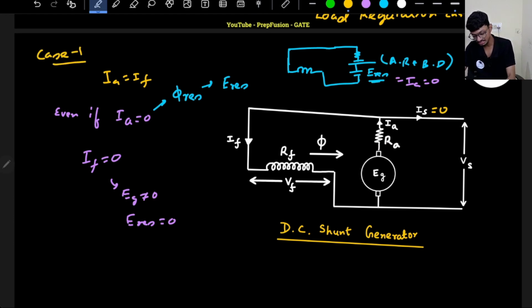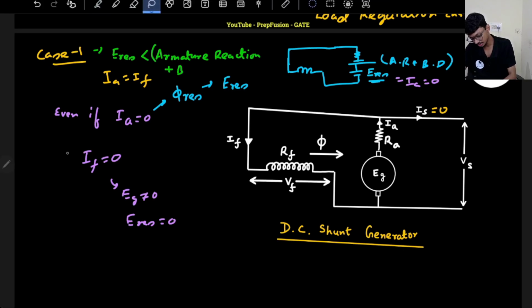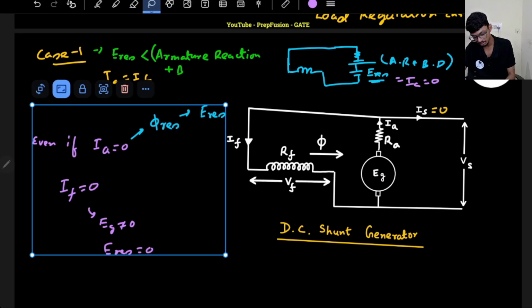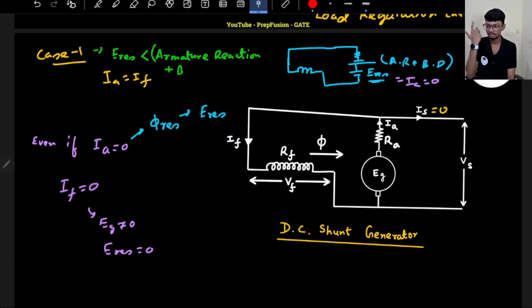Case 1 is the case for which my generated residual voltage is lower than the armature reaction plus brush drop. If it is lower, then no current will flow, and if no current flows, the flux remains phi residual and it does not vary.